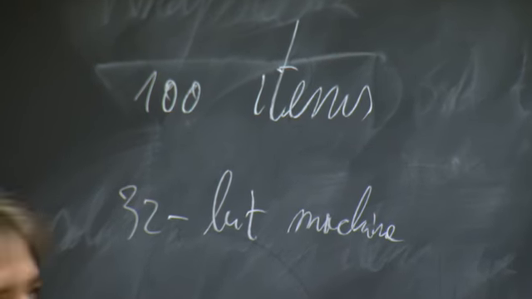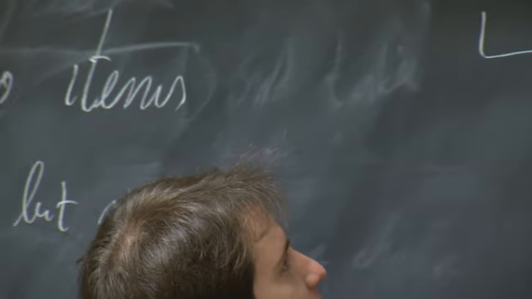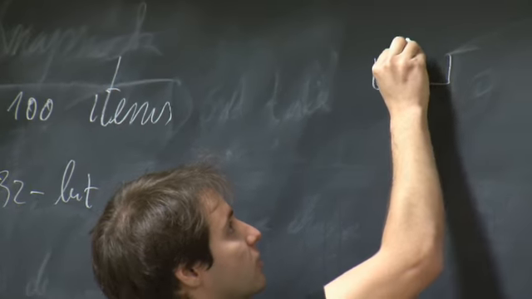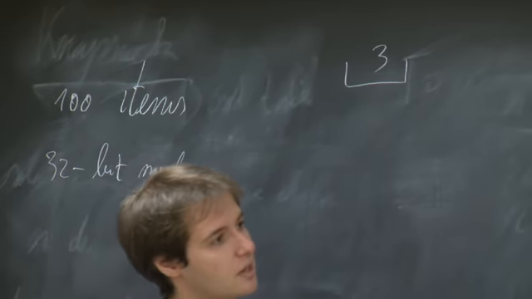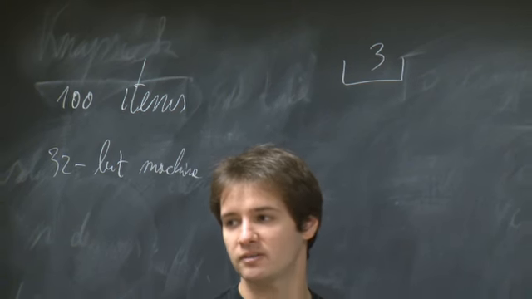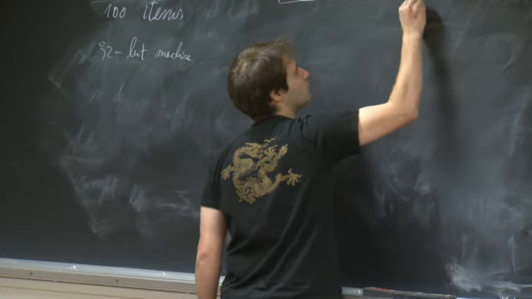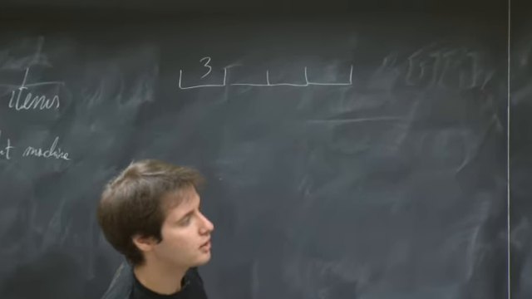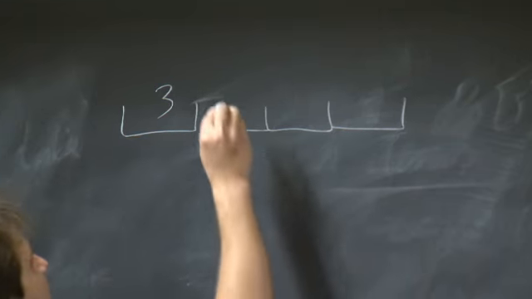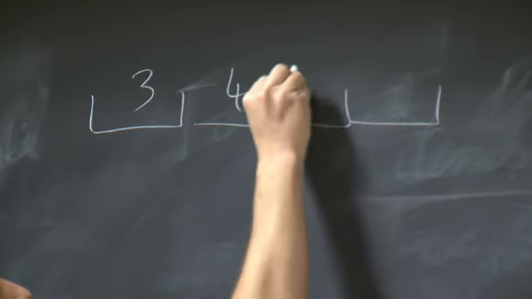An input looks like this, by the way. How many elements you have? So 3. And then for each item, what's the weight and what's the value? So we're going to have 3 weights, which I believe are 4, 2, 3.